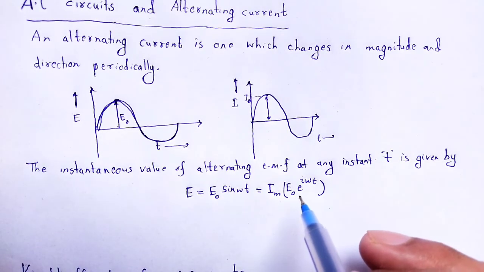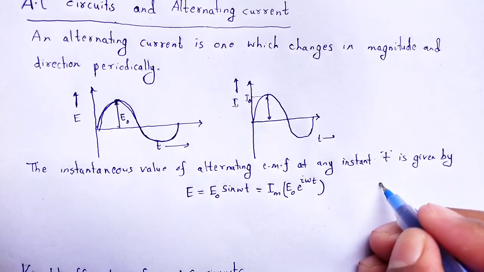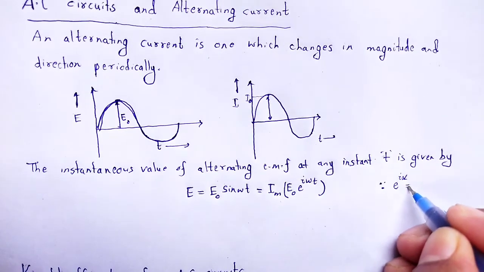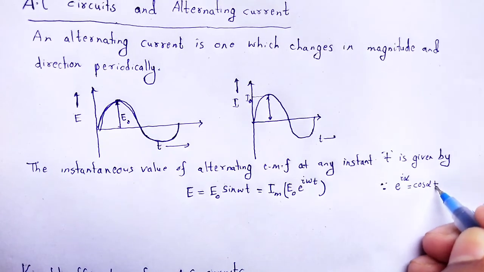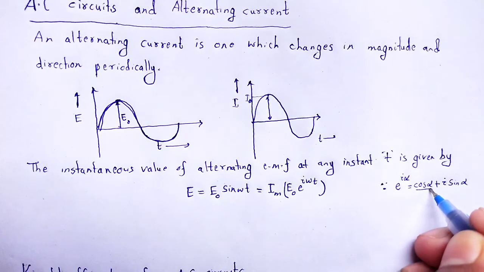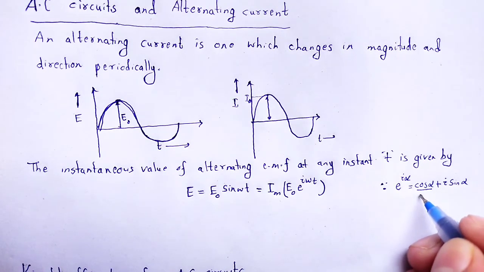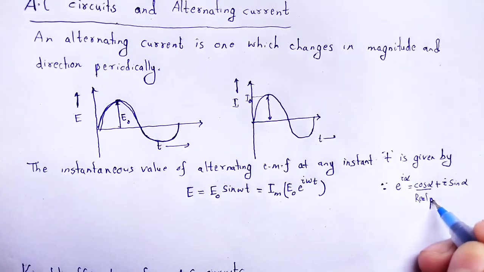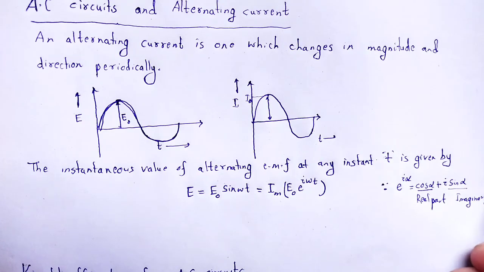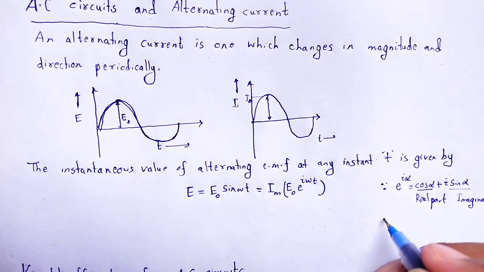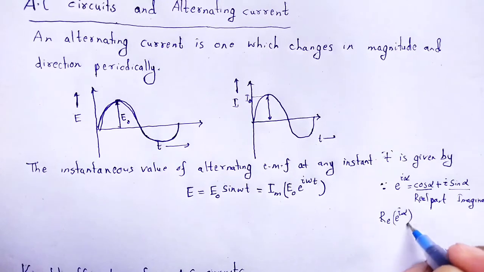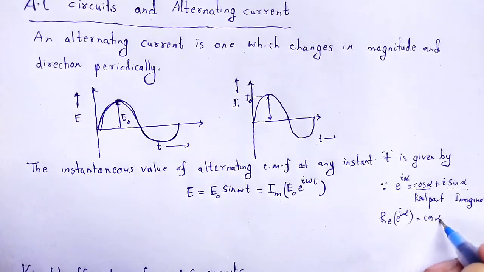Why do we write this type of notation here? As e to the power i alpha is written as cos alpha plus i sin alpha, here cos alpha is the real part and sin alpha is the imaginary part. When we take the real part of e to the power i alpha, that is cos alpha.